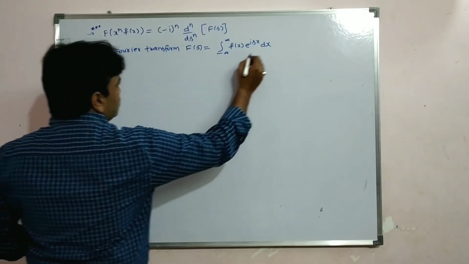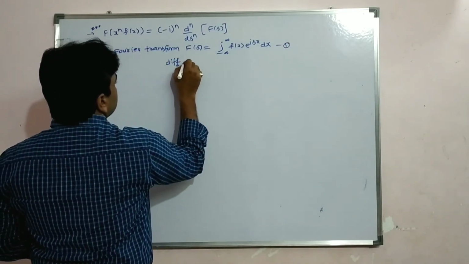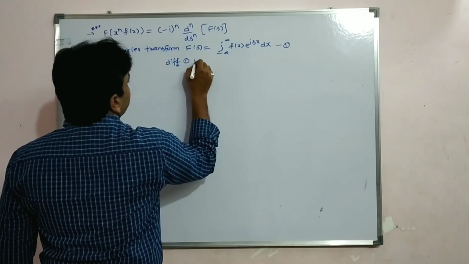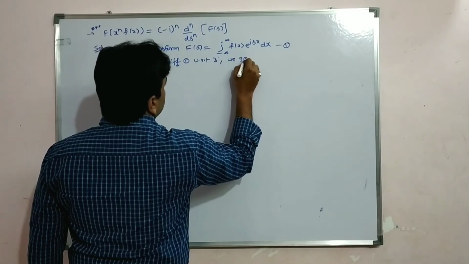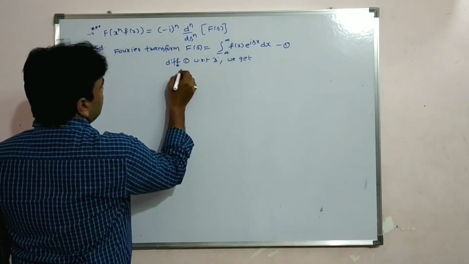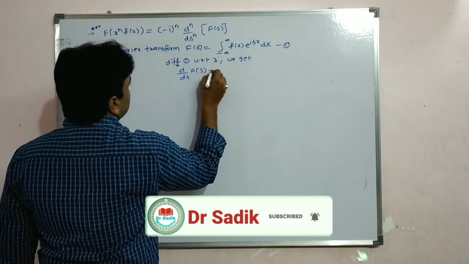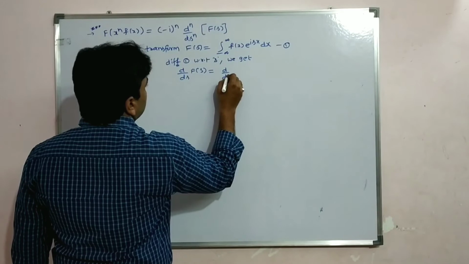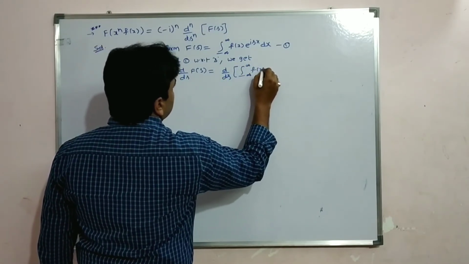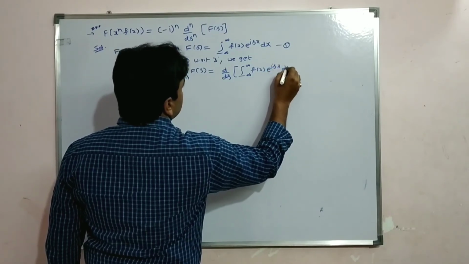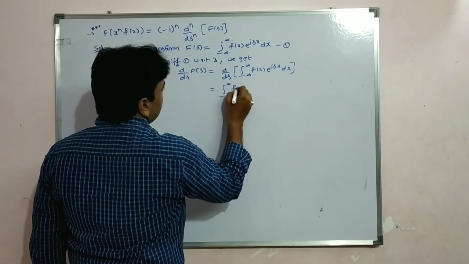So this is 1; differentiate 1 with respect to s, we get d by ds of f bar of s, which is equal to d by ds of the integral of f of x e power isx dx, which is equal to the integral of f of x.